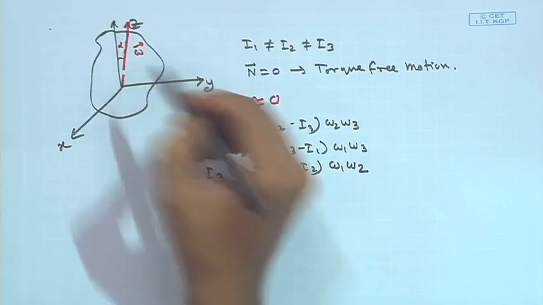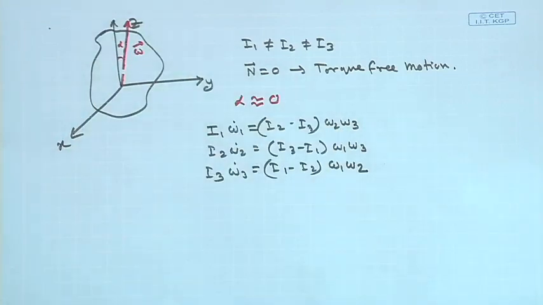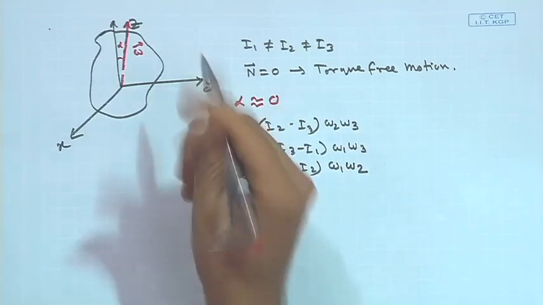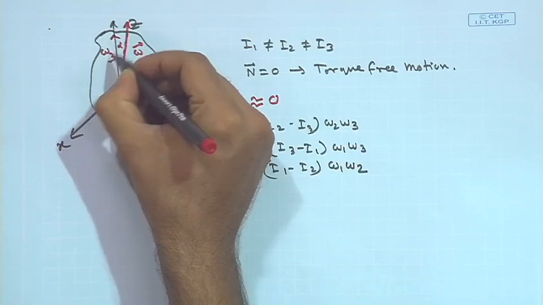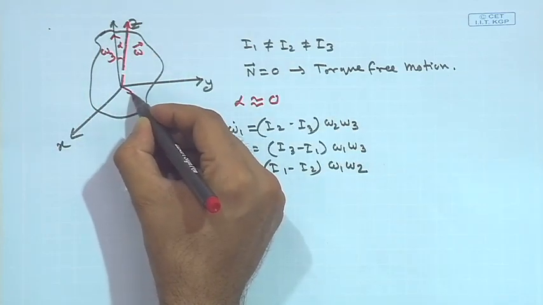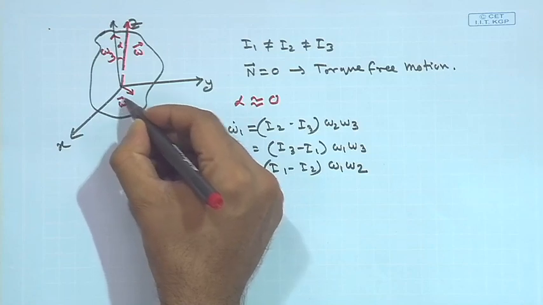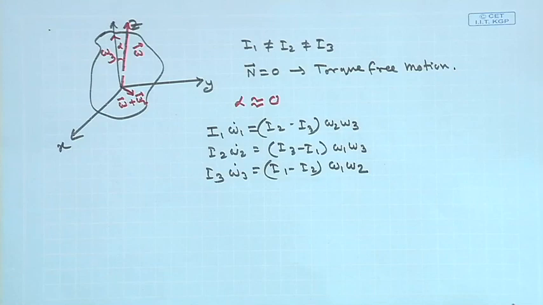Now, as the angle is very small, if I resolve the angular velocity into three components, what we will get is the following. We will have omega 3 in the z direction, and we will have omega 1 plus omega 2 somewhere in the xy plane.